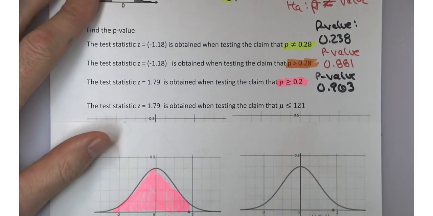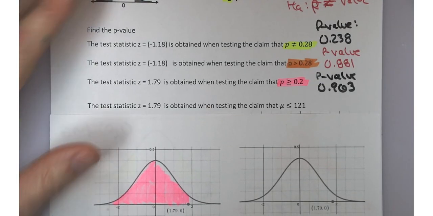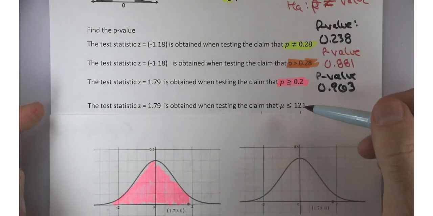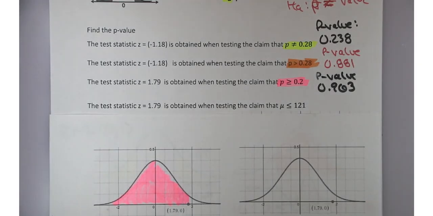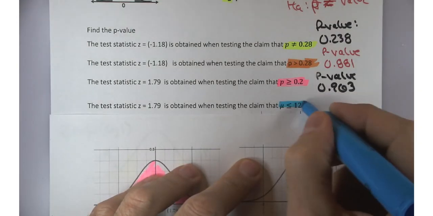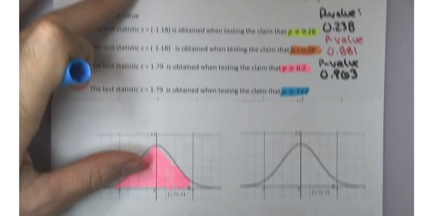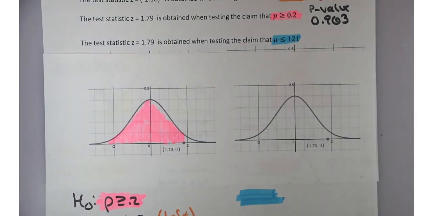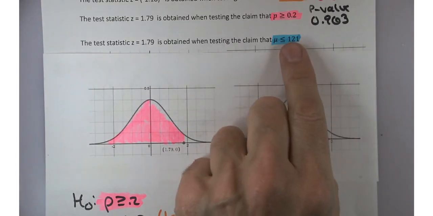Now we're going to stick with that a little bit. We have a different hypothesis test here. Let's take a look at this last one. I haven't quite run out of different colors yet, so I'll put this one in blue. Let's do this one together.